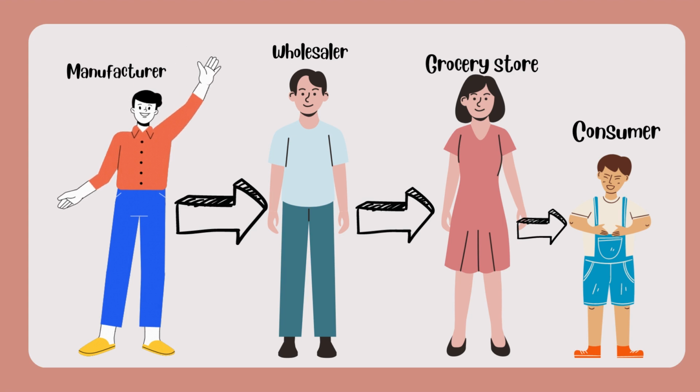When the manufacturer sells the packet of chips to the wholesaler, he gets 12 rupees as GST from the wholesaler and pays it to the government whole. Next, the wholesaler gets 18 rupees from the grocery store but doesn't deposit the entire amount. He removes the amount of GST he paid to the manufacturer, so he pays 6 rupees to the government.